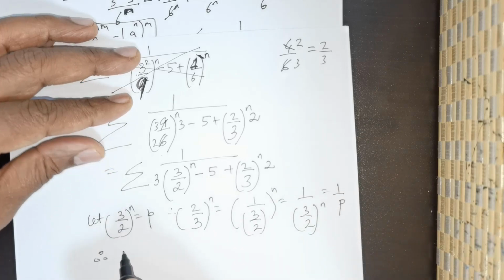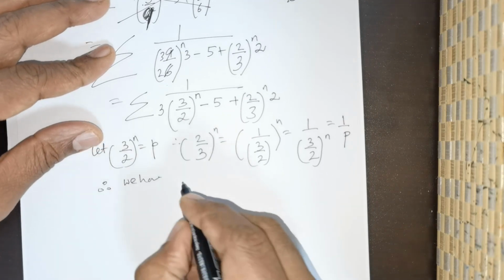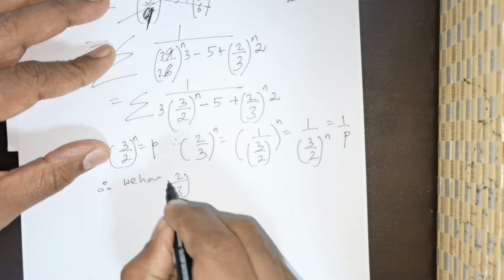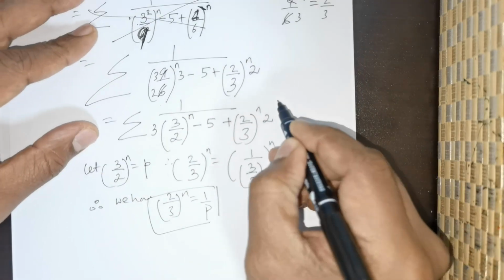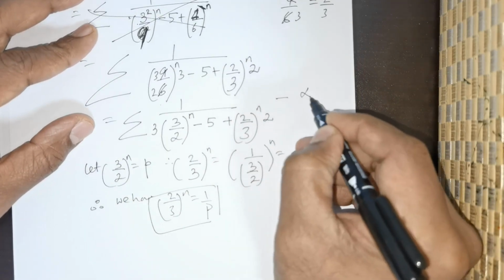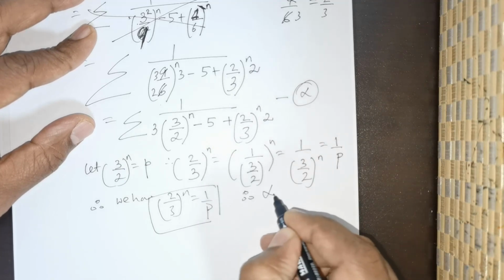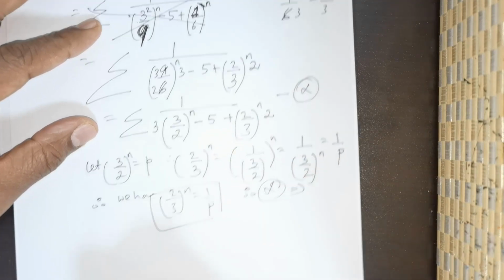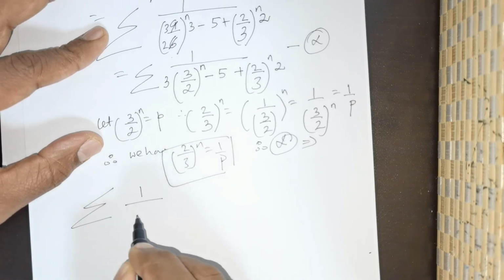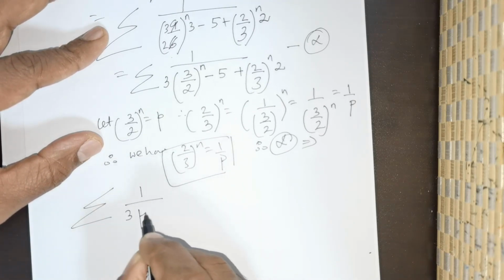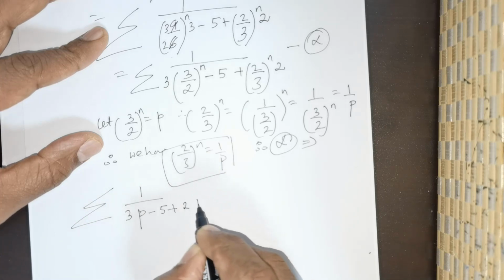So therefore we have, what do we have? We got (2/3)^n to be equal to 1 over p. Now if I were to take this as some alpha, alpha will be rewritten as sigma of 1 over 3 times p negative 5 positive 2 times 1 over p.